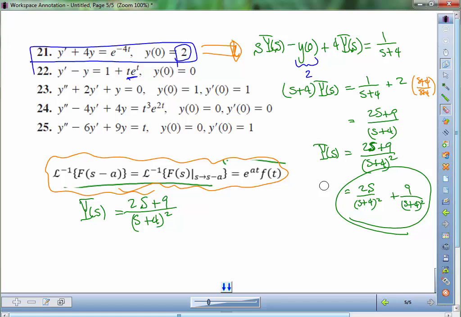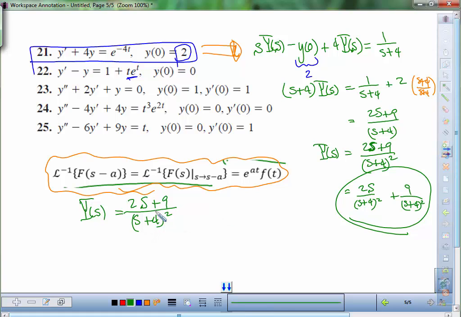And so if we take this s plus 4 and imagine there was a shift of s plus 4, then we can take advantage of our theorem with the s translation. What that means though is that we want all the s's to look like s plus 4. Now the denominator clearly is s plus 4.